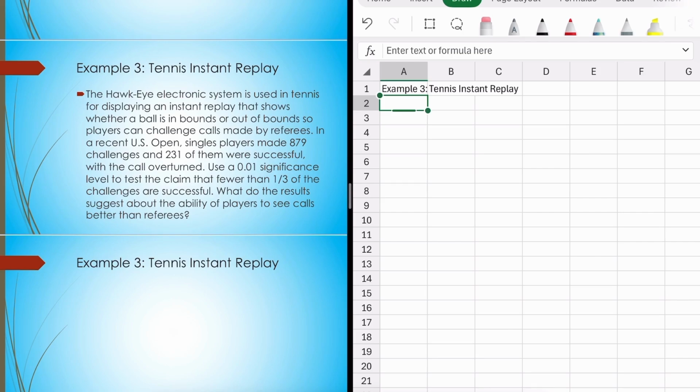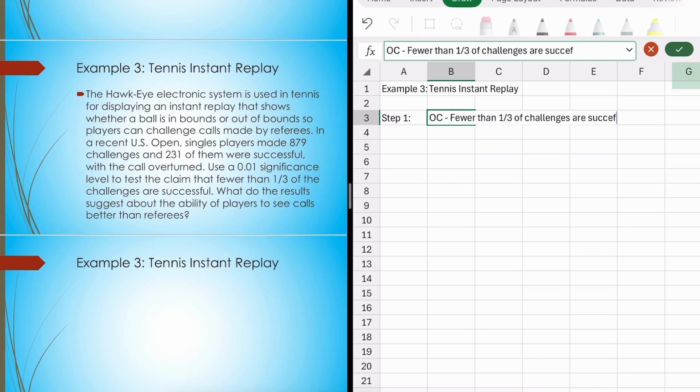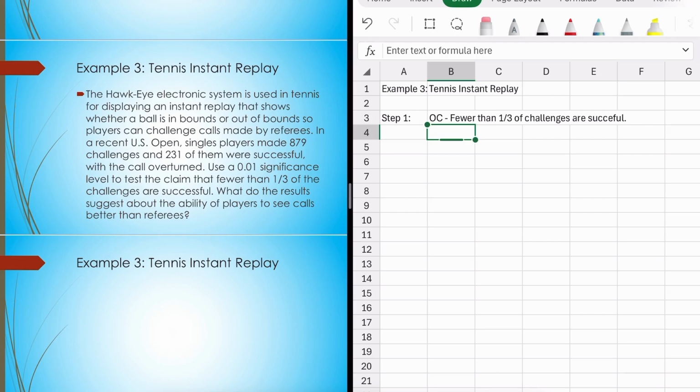All right, let's do this. So step 1, the original claim. The original claim is fewer than 1/3 of challenges are successful. What is that in symbolic notation?